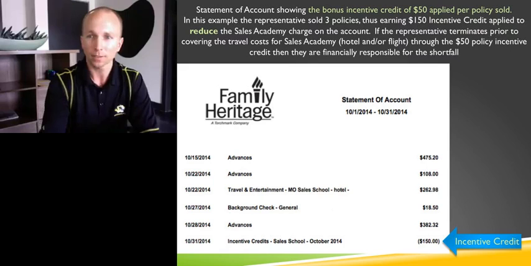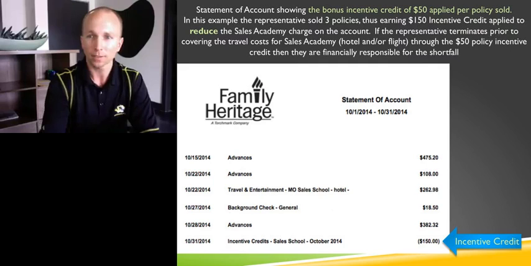And so it would 100% pay off the cost of that hotel. It would eliminate the hotel charge that's on that agent's corporate account at the point of the 6 policies sold. It's as simple as that.